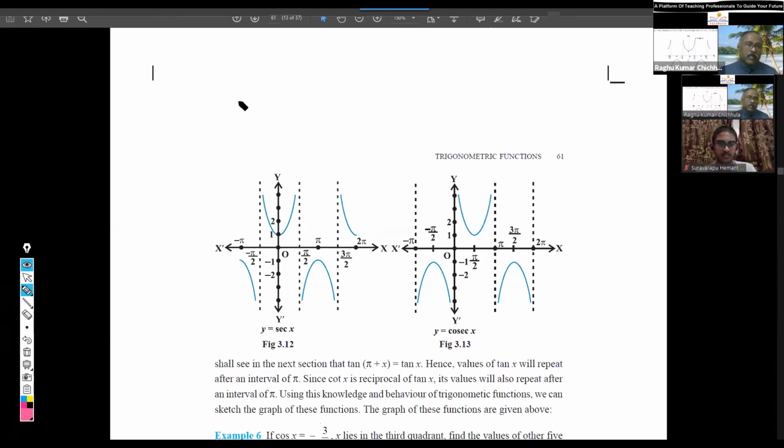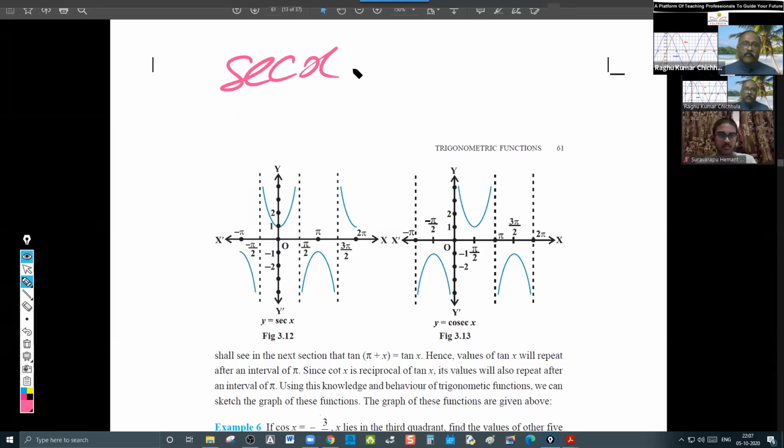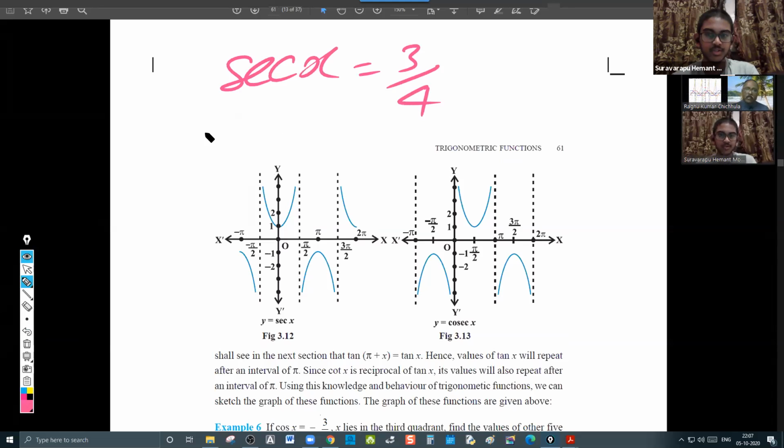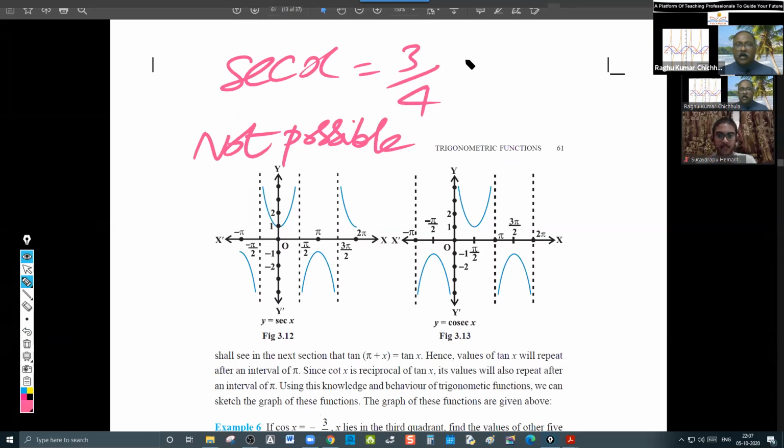For example, secant x is equal to 3 by 4. If I give you this, immediately you have to say it is not possible, because it lies between minus 1 and 1. Otherwise, it is common sense that cos x is 4 by 3.